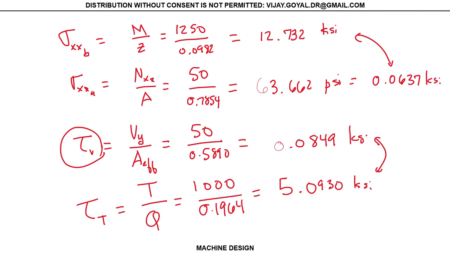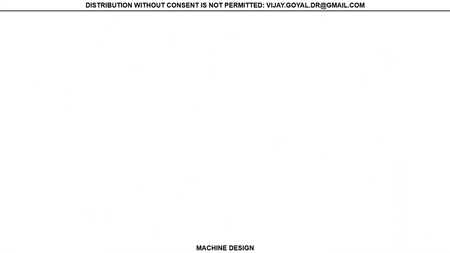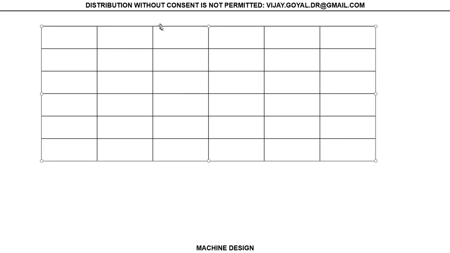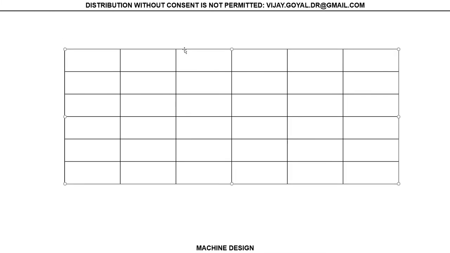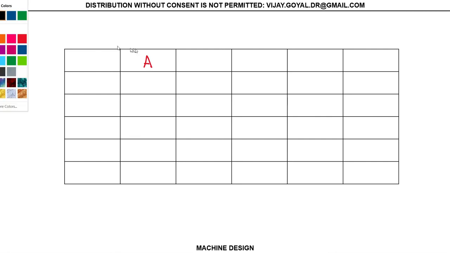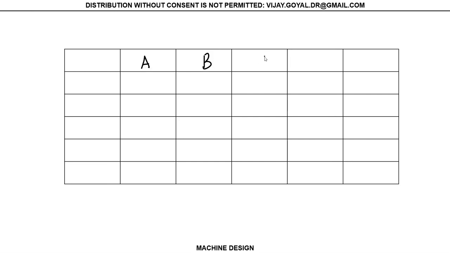So if I go and build our table again, let's build that table. We're going to start building the table where this is your point A, your point B, point C, point D, point E. And we're going to start with your axial load.